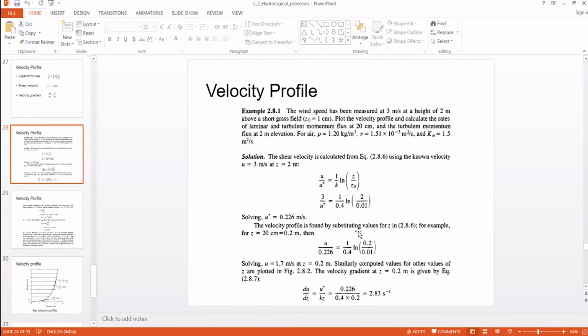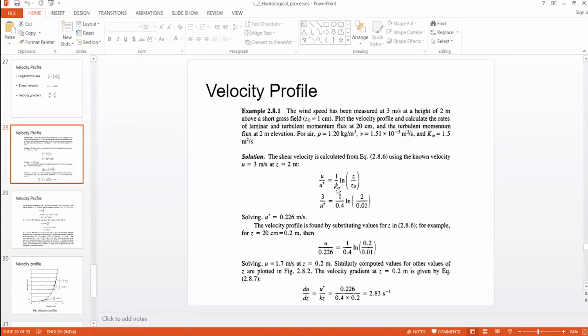We can take the z values at a fixed interval depending on our choice, every 20 centimeters or 50 centimeters, etc. If we take 20 centimeters, then 0, 0.2, 0.4, 0.6, 0.8 and up to 4.0 are the vertical coordinates.